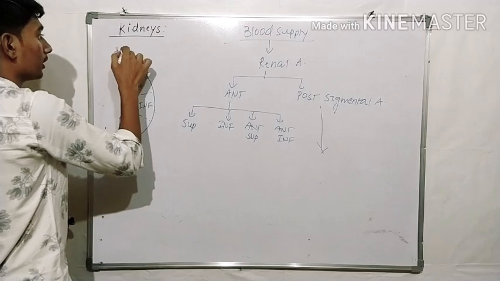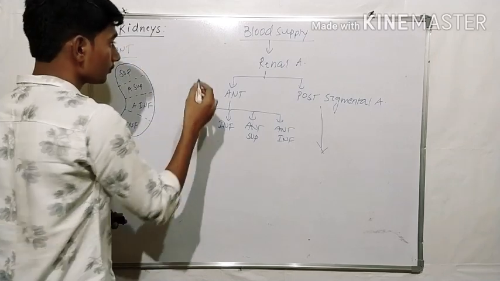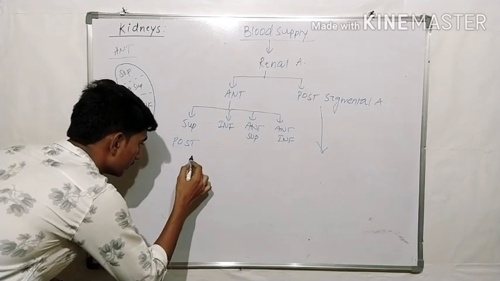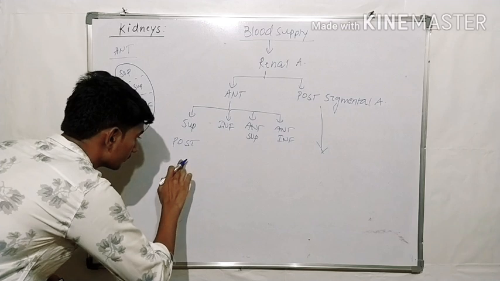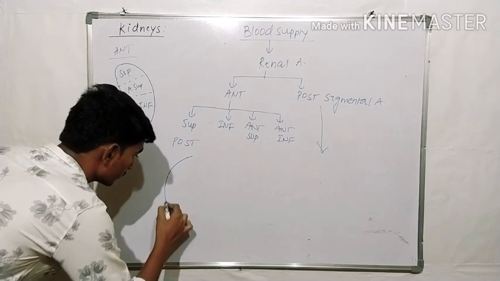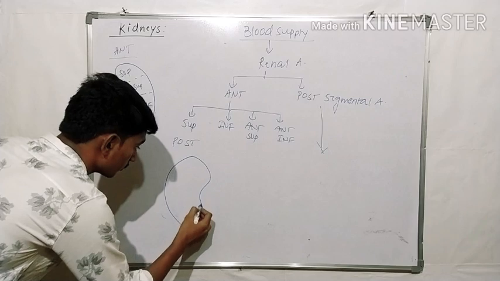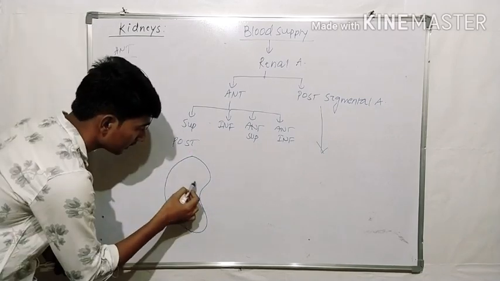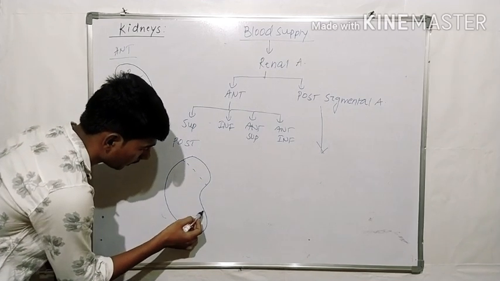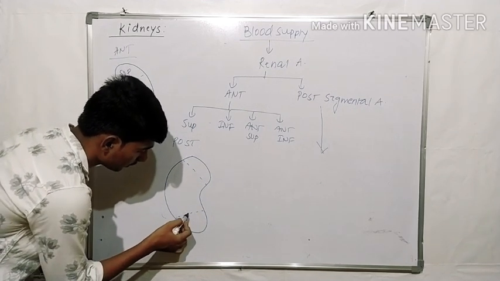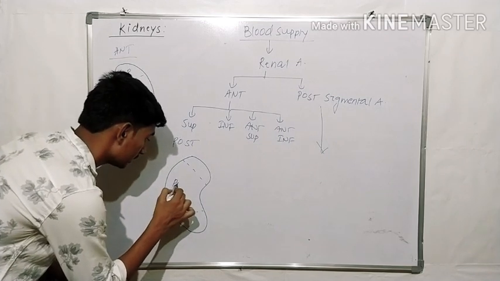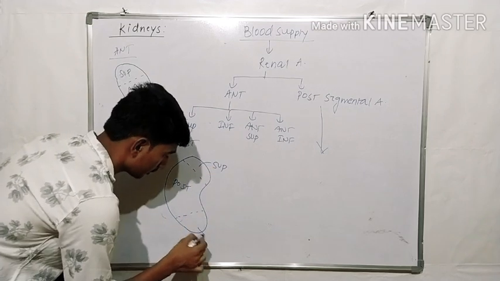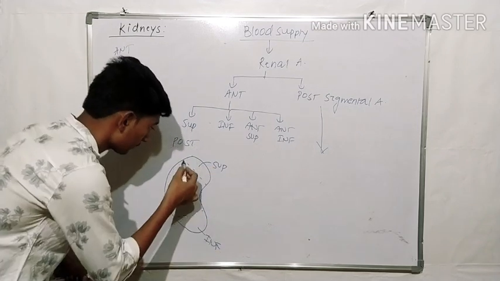This is anterior part. Now, in case of posterior, on posterior side, we have only posterior segmental artery. This is superior part, this is inferior part, and this is posterior segmental.